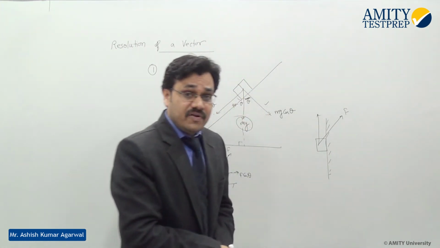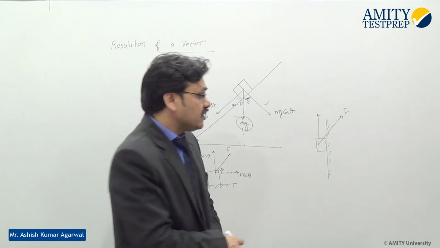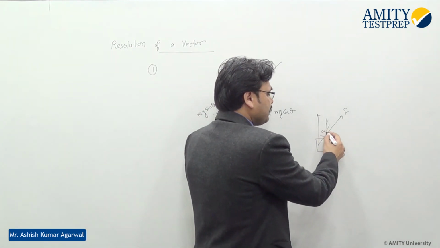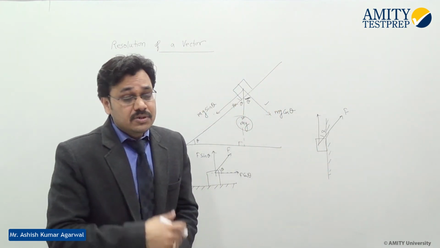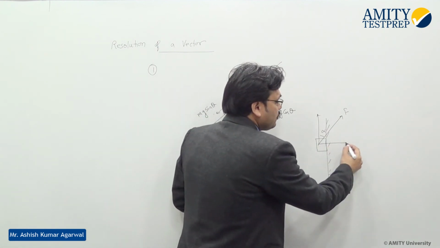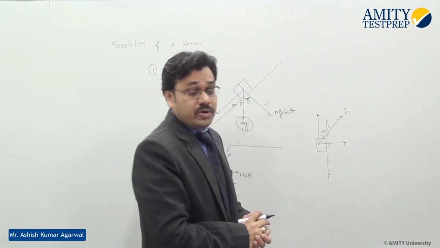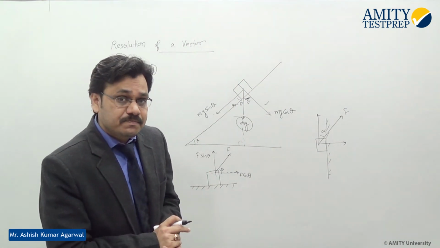So you have to find the angle with the vertical wall. Like this angle is alpha, and the other axis chosen by you should be normal to the movement. So this should be like this. Now you have to find the component of force along these two axes.